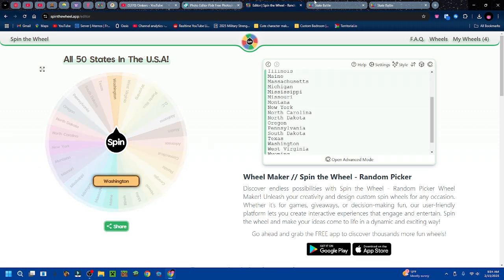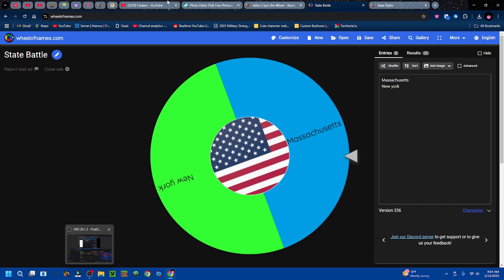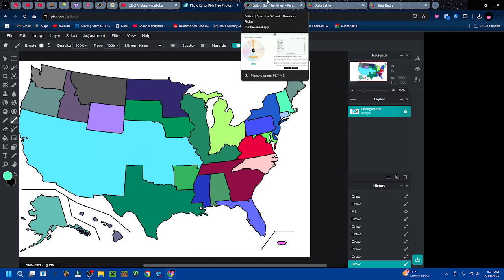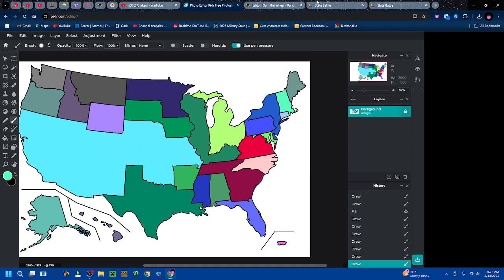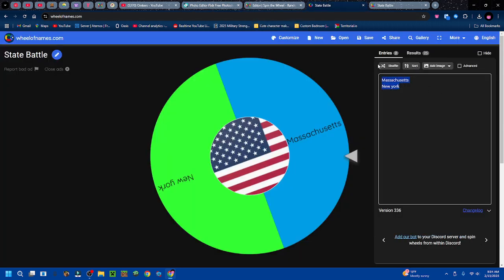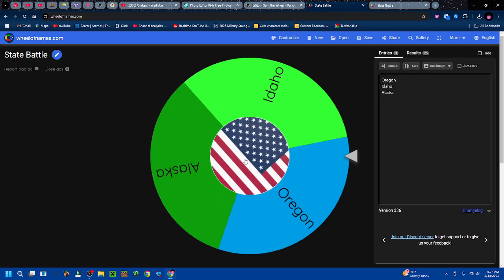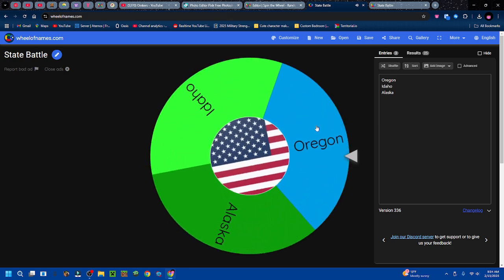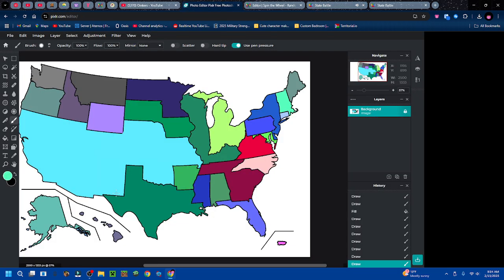It's gonna be Washington. I know they border Oregon, but they also border Idaho. And you could say they border Alaska. A little bit. Who are they gonna fight? They're gonna fight Oregon. Alright. None of them have advantages.